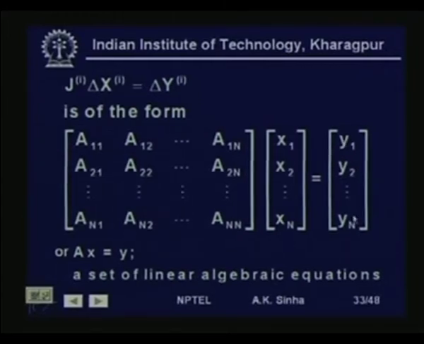So, this is a set of linear equations, and since this Jacobian matrix will also be a sparse matrix, because it depends on the elements of the y bus matrix, sparse matrix techniques are used to solve this equation.